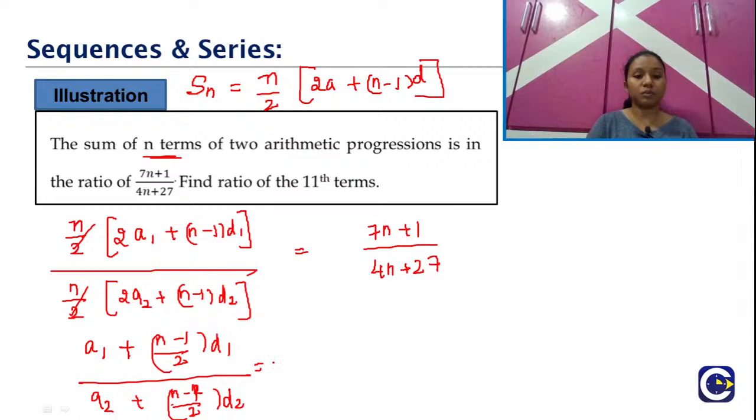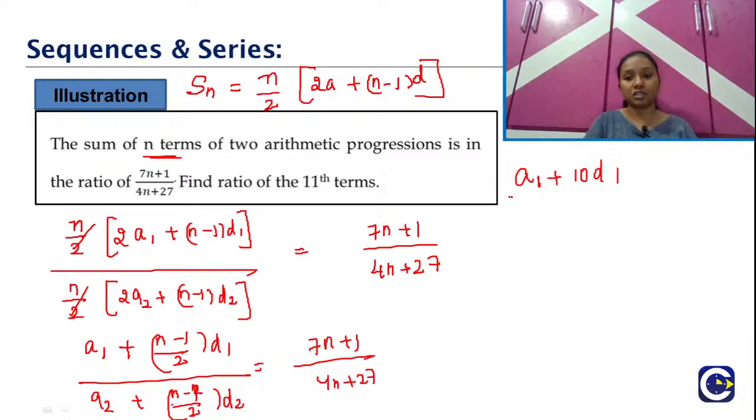So this total will be equal to the ratio 7n plus 1 by 4n plus 27. But what ratio do we require here? The required ratio is nothing but the 11th terms. That means a1 plus 10 d1, divided by a2 plus 10 d2. So this is my required ratio here.